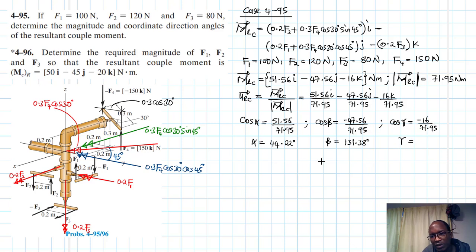Gamma therefore gives us 102.85 degrees.